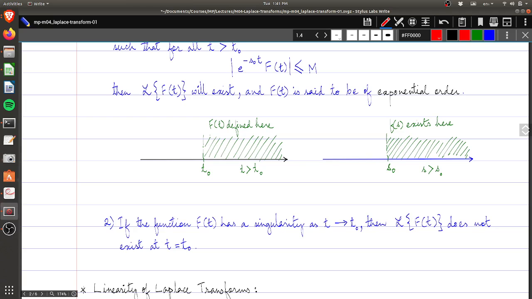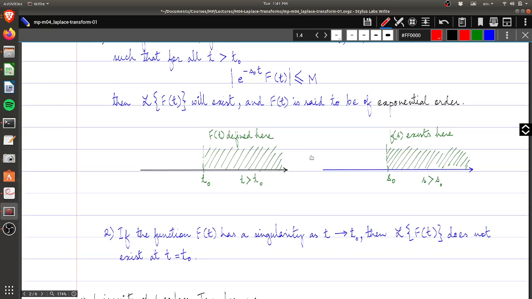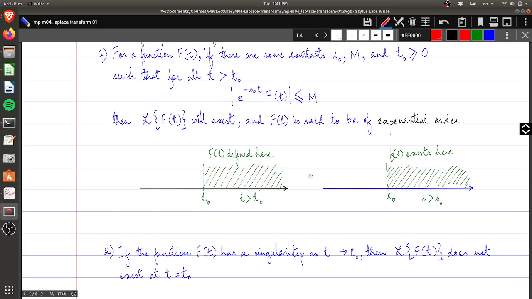Lesser than t naught, on this side, and lesser than s naught, on this side, these two regions are not of any consequence to us. This is one condition under which the Laplace transform will exist.